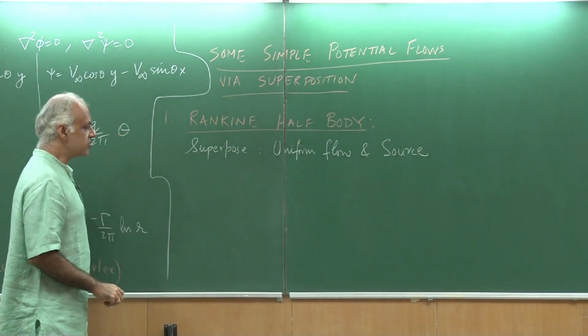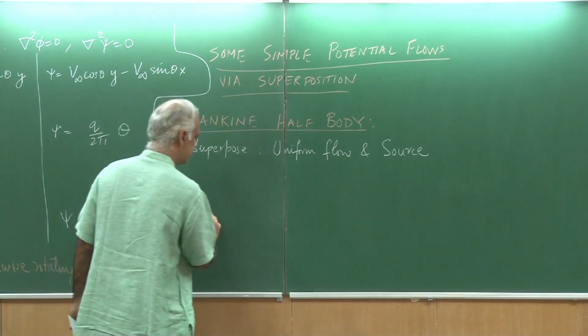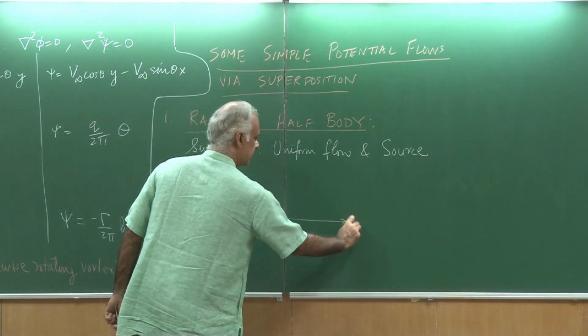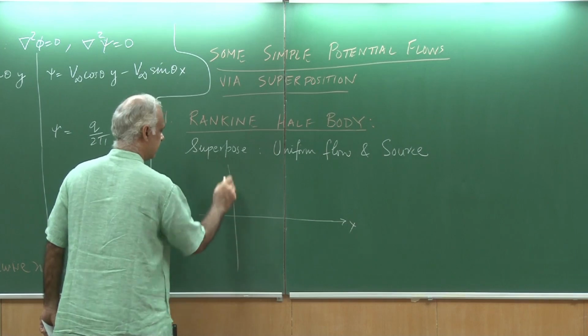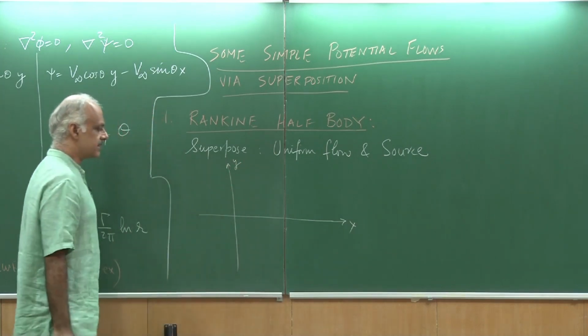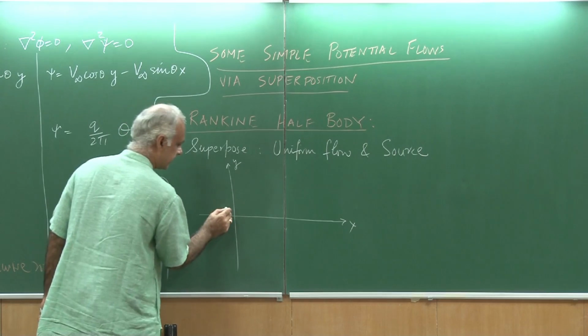So imagine there is a source placed at the origin. So let me put the axis. This is the x axis. This is the y axis. And I could put a source here.